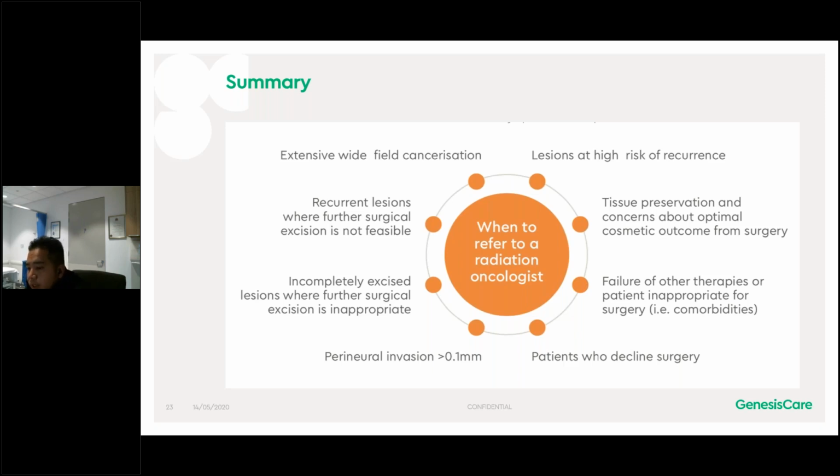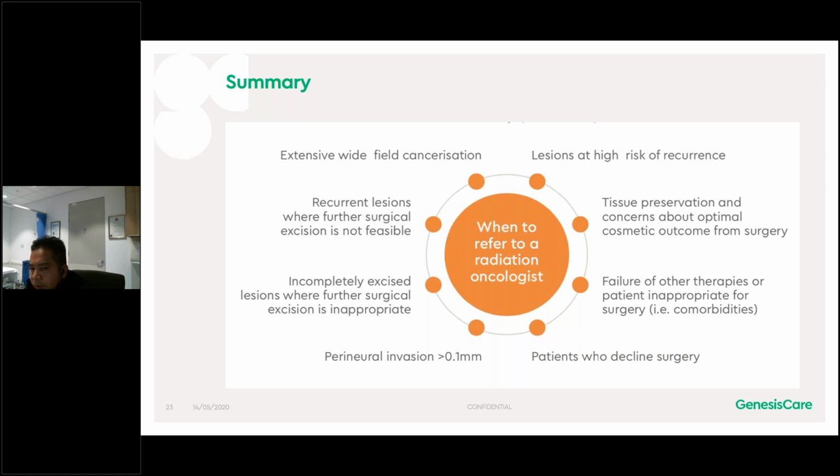Sometimes there are patients who decline surgery. They don't want to have an excision done on the face, so they come and see us. Perineural invasion, usually you see that in the report. But if prior to surgery they have already complained of sensory changes or any other neurological deficits in the area of the nerve, that may raise concerns that the bigger nerves are involved.